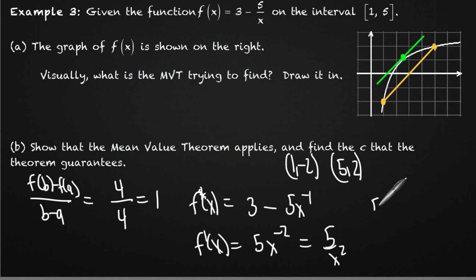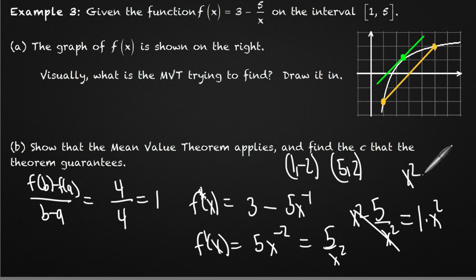And the question is, where is that slope equal to 1? So we're going to multiply both sides by x squared, and we end up getting x squared equals 5. So x equals root 5, which is approximately about 2.23. So let's see, 2.23. Yep, I'd say we got pretty close.